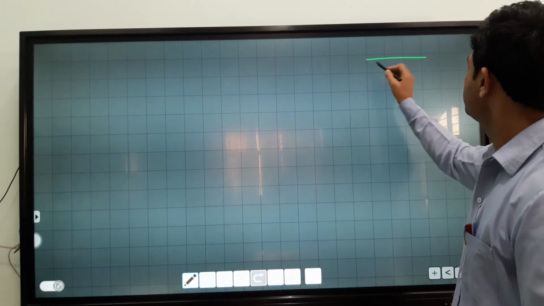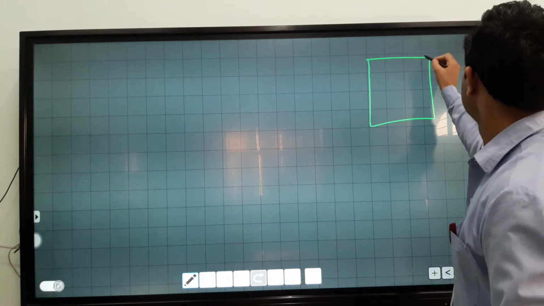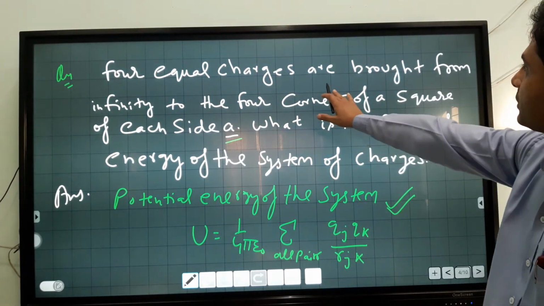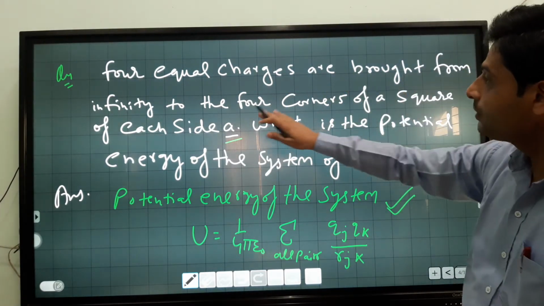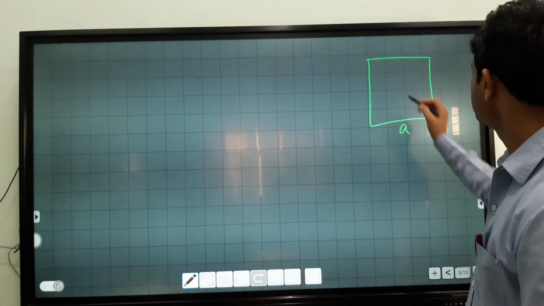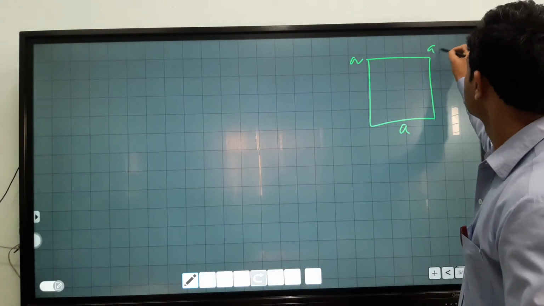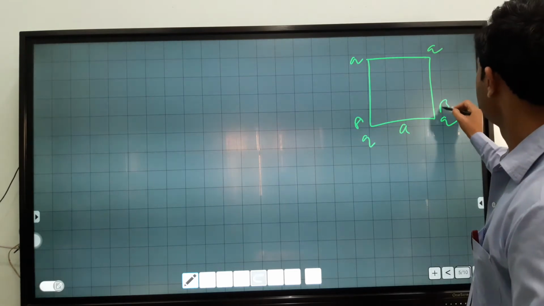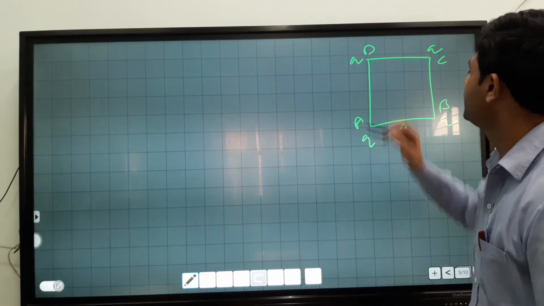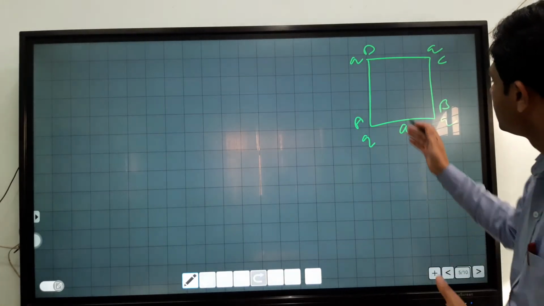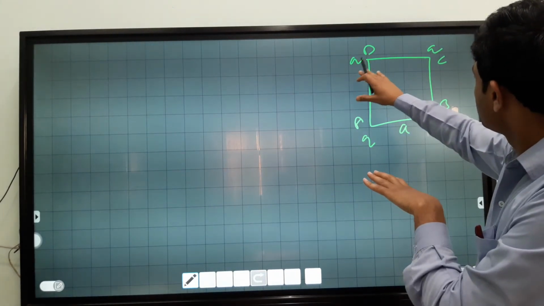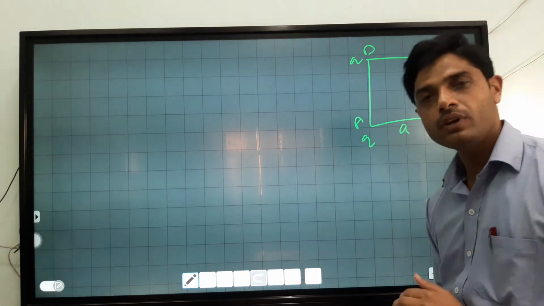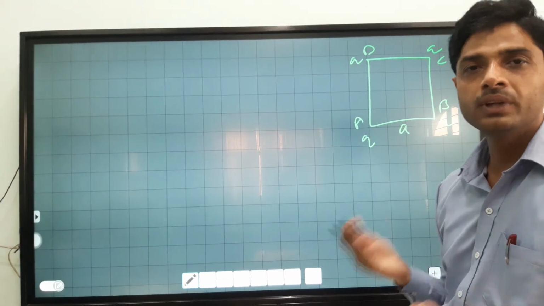There is a square of side A. 4 equal charges are brought from infinity to the four corners, that is points A, B, C and D. We have to carry 4 equal charges from infinity to points A, B, C and D, and then find the potential energy of the system.